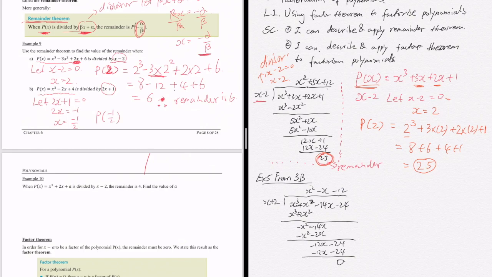Then x cubed will become negative 1 over 2 cubed, and then minus 2 times x, where x is negative half, plus 4. If you simplify, you will get 39 over 8. So therefore, the remainder is 39 over 8.